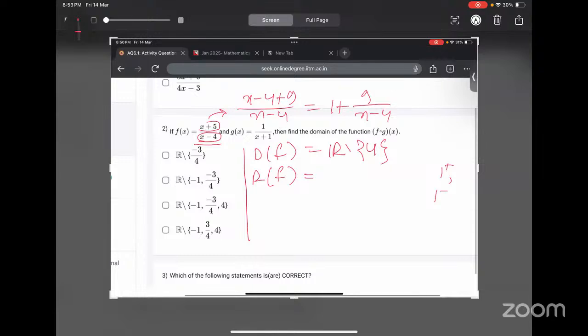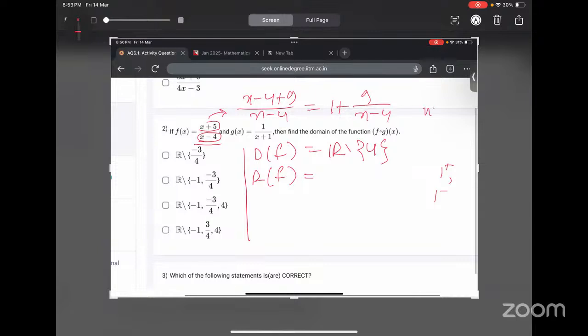Ma'am, when x is 0, you will get 9 by minus 4 plus 1. See, we will take the boundary points, right? What are the boundary points here? 4, right? So we have to take 4 from the positive side and from the negative side. If I go to 4 from the positive side, then what will we get?